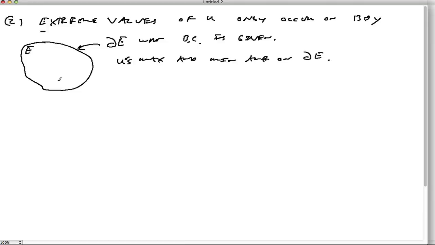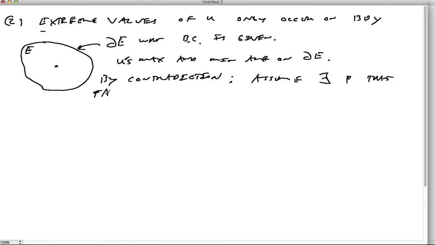Okay, so how do we establish this? Well, what we do is by contradiction. Assume there exists a point P, maybe inside, that takes a maximum value.